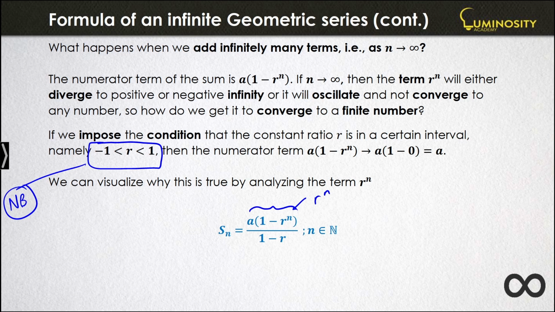Because the numerator term, a times 1 minus r to the n, and you can see I'm only focusing on the numerator term because that's the only term that has n. In the denominator, it's just 1 minus r. That's going to be a finite number. It's that r to the n term that is the issue. We need to determine what values of r, when we look at r to the n, what will happen? Will it diverge to positive or negative infinity? Will it oscillate and not converge? Might it oscillate and converge? That's what we're going to see now.